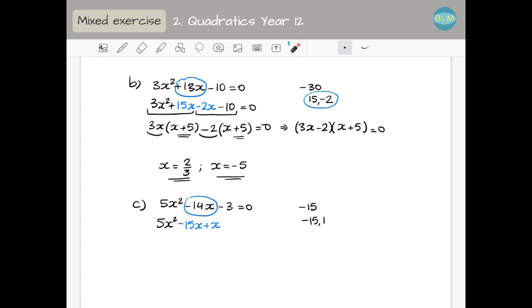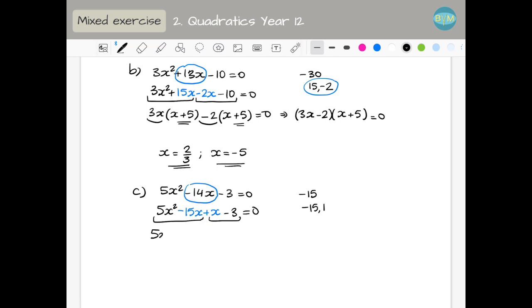What I mean is that the x can go at the front and the minus 15 after, not that you can change the sign. Be careful with the signs, yeah? And then we are going to factorize these first two and factorize these two. So I have 5x at the front, x minus 3, and then I have x minus 3. Again, two brackets in common, so I'm going to write this and this.